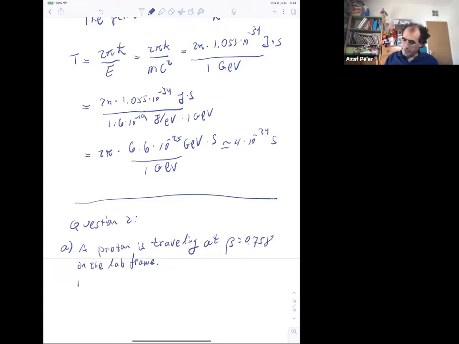Find the proton's energy and momentum in the lab frame.